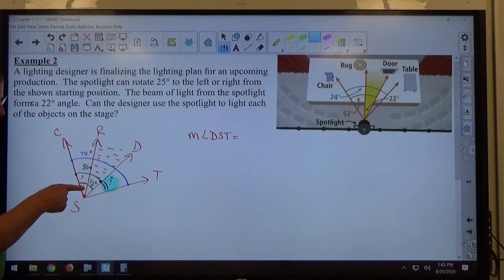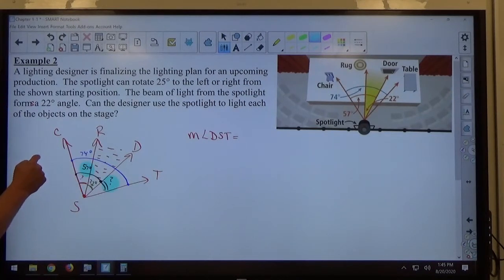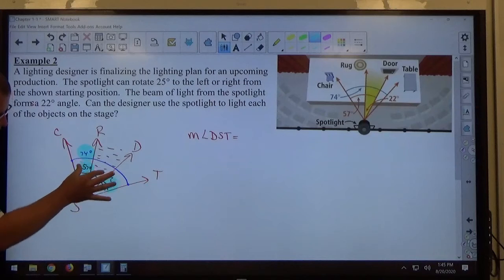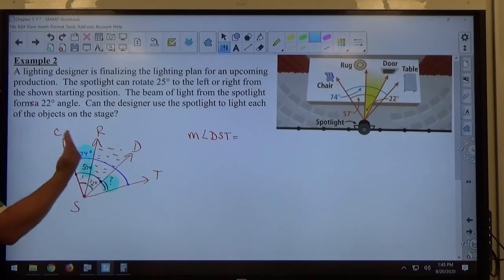So I need that angle with another small angle to make a big angle. So this with what other small angle makes a big angle? With 57 makes which one? 74, right? This little sliver here and this bigger wedge here combine to make the entire angle. Again, that's what the angle addition postulate is all about. Can I find two smaller angles that make a bigger angle?